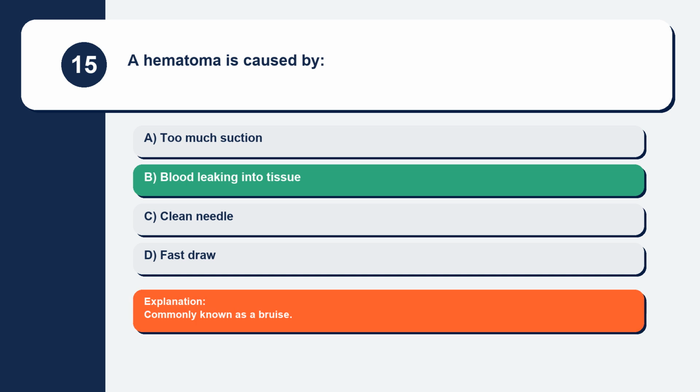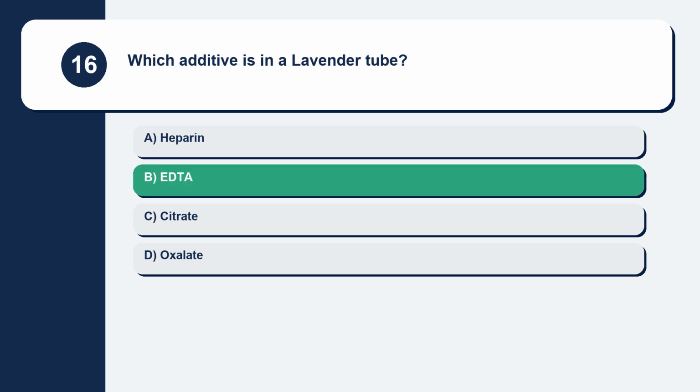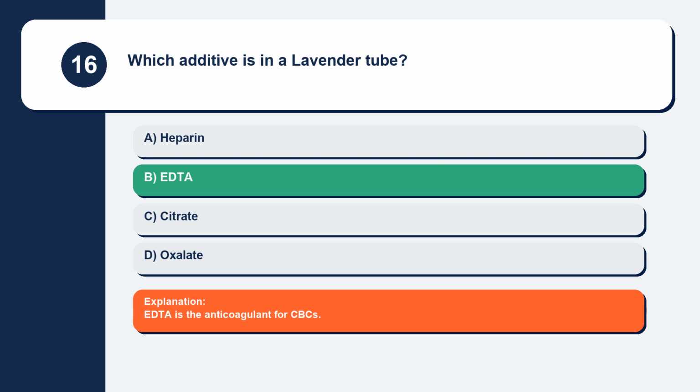Commonly known as a bruise. Question 16. Which additive is in a lavender tube? Heparin, EDTA, citrate, oxalate. EDTA is the anticoagulant for CBCs.